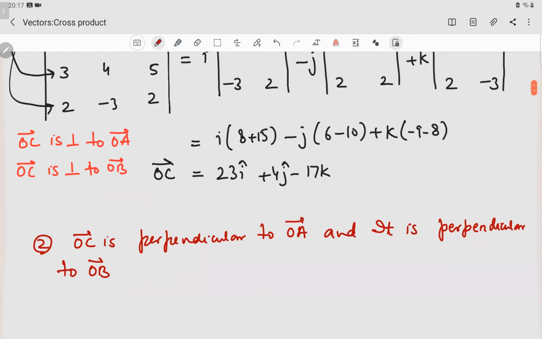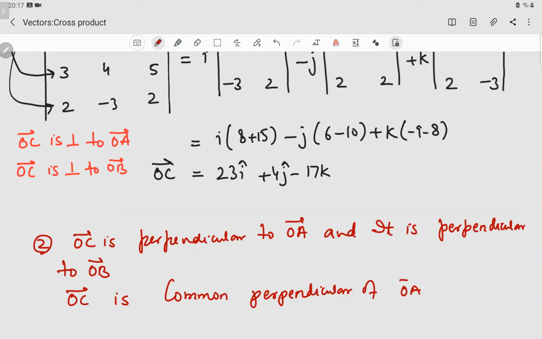I can say that OC is a common perpendicular of OA and OB.